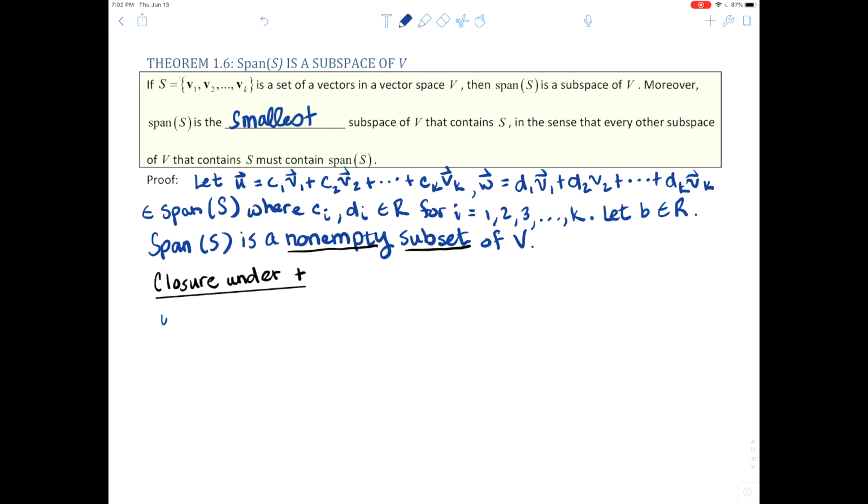So if I write our vectors like this, u was equal to c1 v1 plus c2 v2 plus ... plus ck vk, and I'm going to write w underneath. w was d1 v1 plus d2 v2 all the way down to dk vk. Groovy? All right, now why don't we add these?